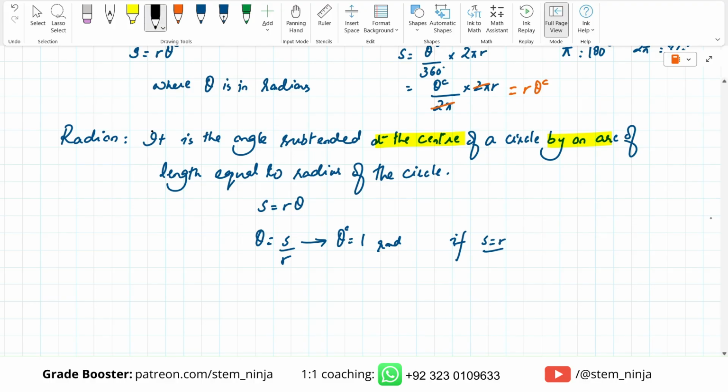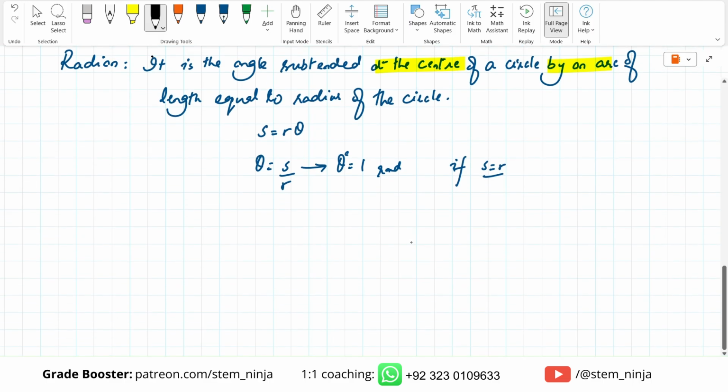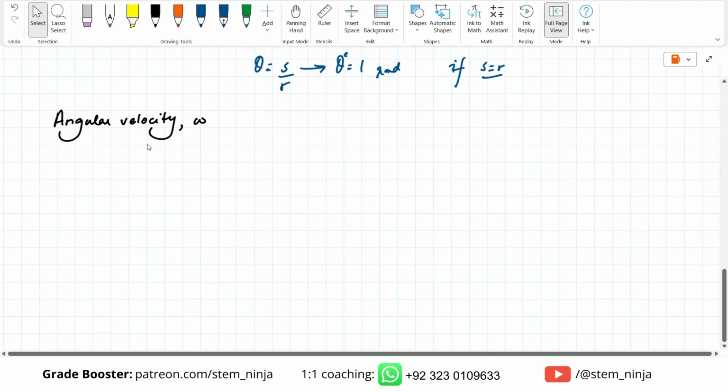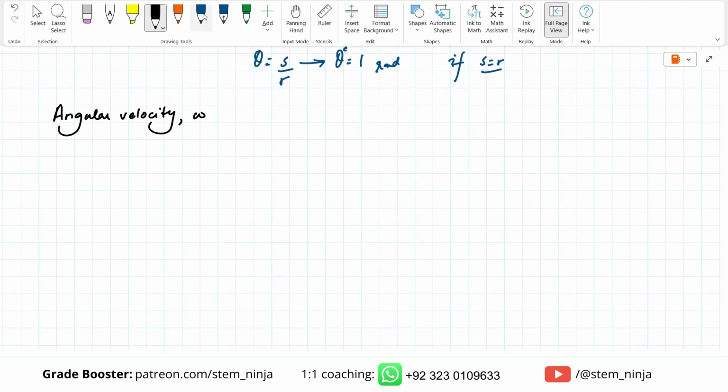Next up, we have the angular velocity and the linear velocity. Velocity, which is represented by omega. Now, the angular velocity is just the rate of change of angular displacement.